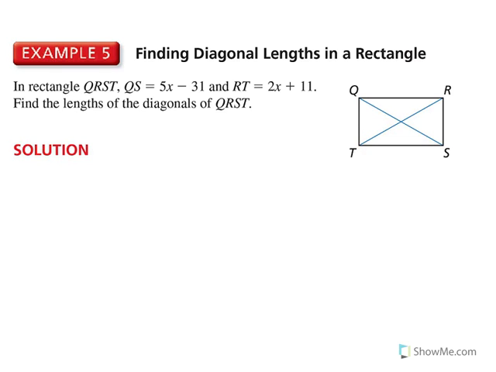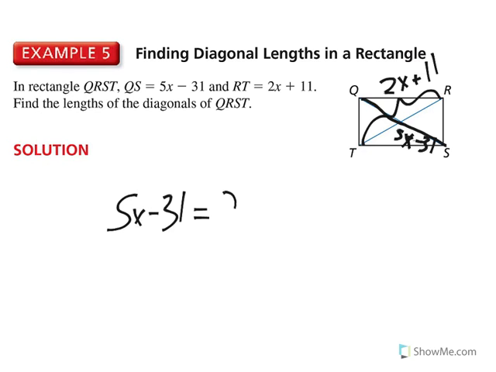And so in this last problem we look at, we have rectangle QRST, and it tells us that QS, so that's one of our diagonals here, is 5x minus 31, and RT is 2x plus 11. So it says find the lengths of the actual diagonals. Well, we said because it's a rectangle, diagonals are equal, so I'm going to set these equal.